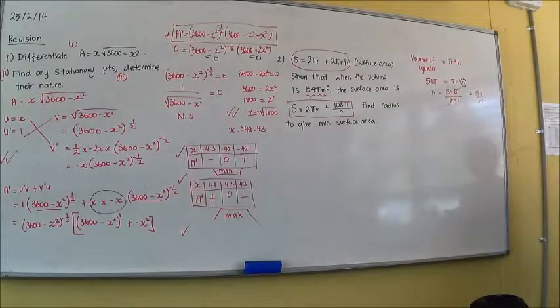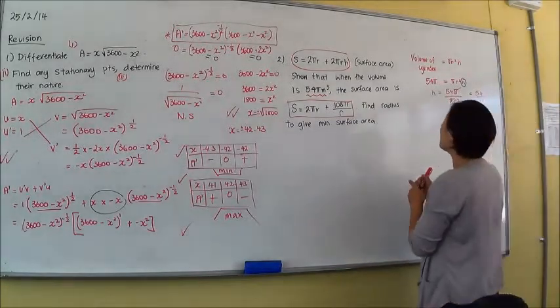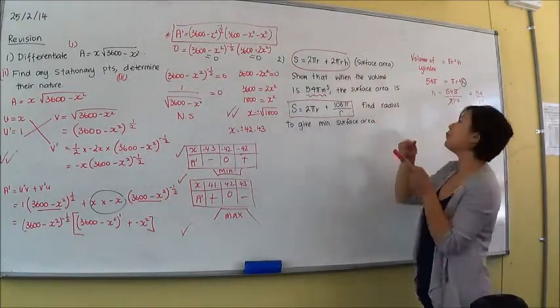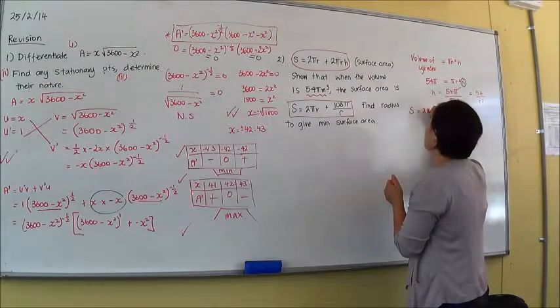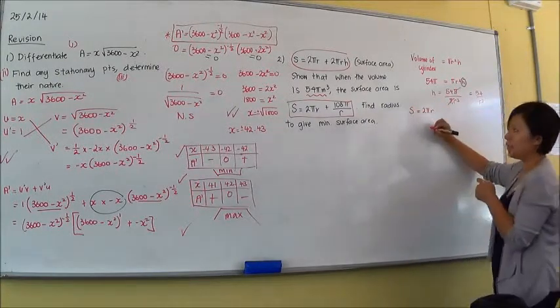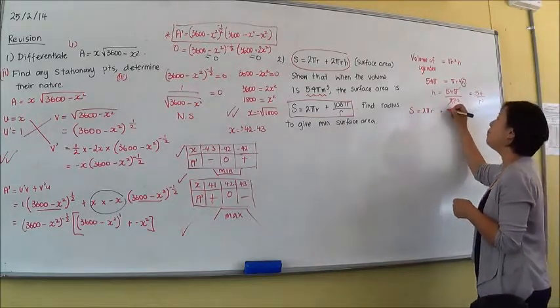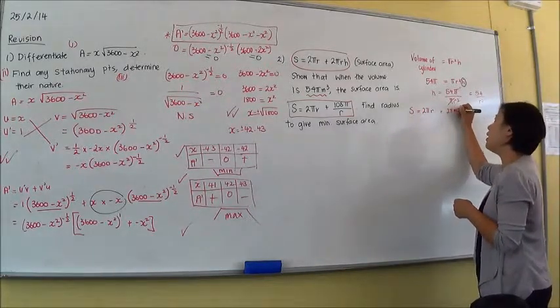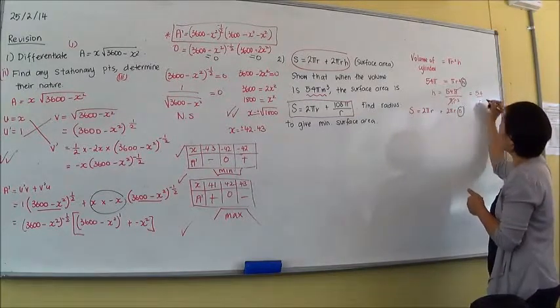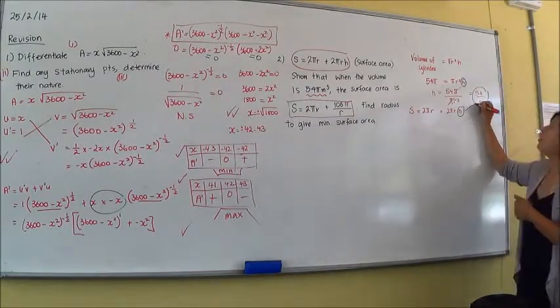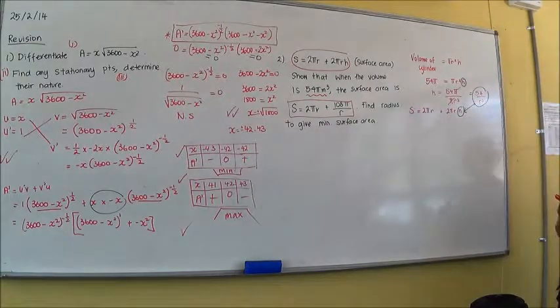Okay, so now we have H. Let's go and substitute it back into that rule there. Surface area was originally 2 pi r squared, that's fine, we'll leave it as is, and it's 2 pi r h. So instead of h, we replace it with 54 over r squared.